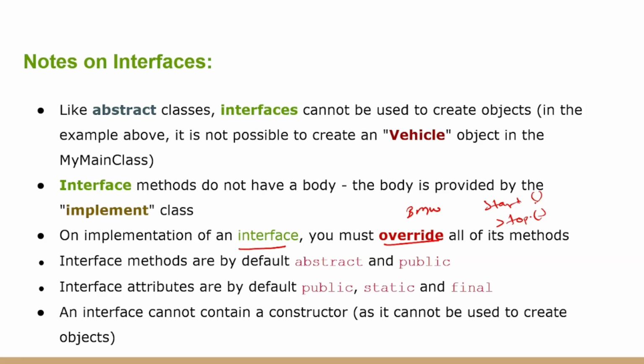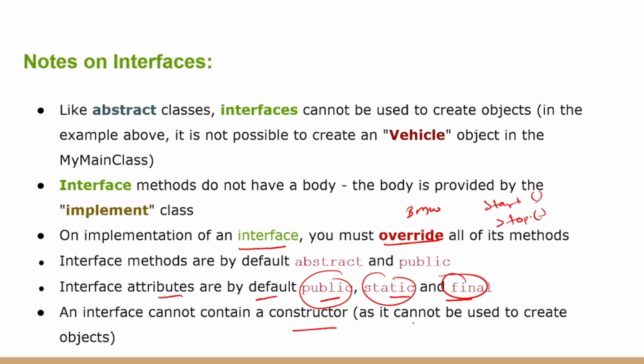It is mandatory, you cannot avoid it. Now, interface attributes are by default public, static and final. If you are not giving any modifiers there, it is considered public, static, final. An interface cannot contain a constructor.